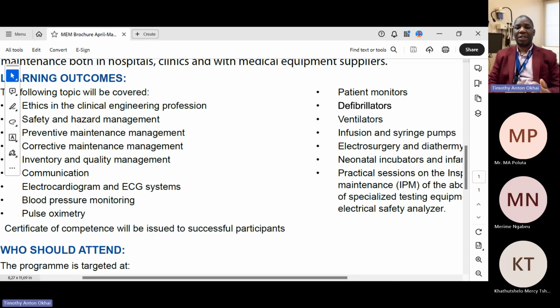Then defibrillators, ventilators, infusion, electrosurgery, neonatal incubators, and the use of the testing equipment.